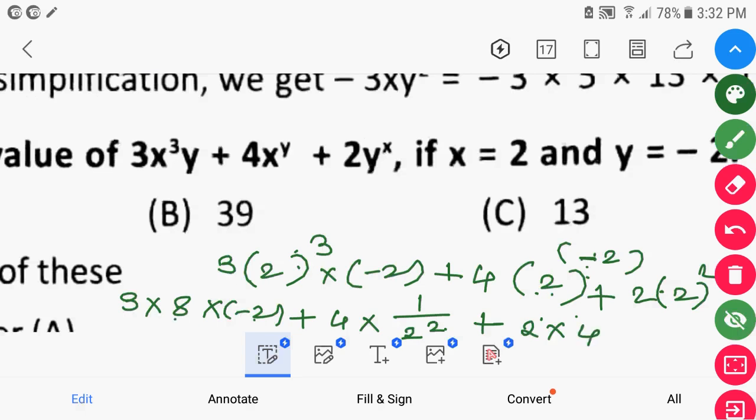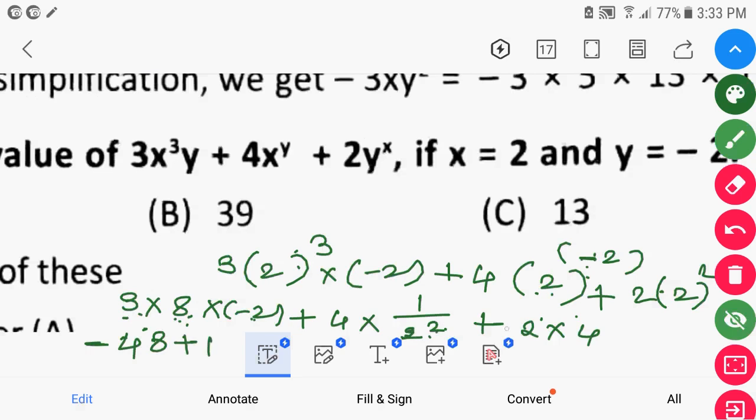Now minus 2 8s are 16 and 16 3s are 48. So this becomes minus 48.